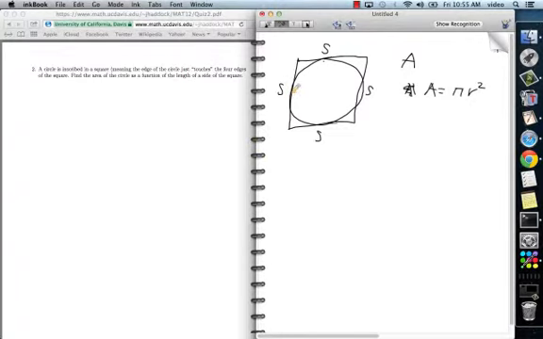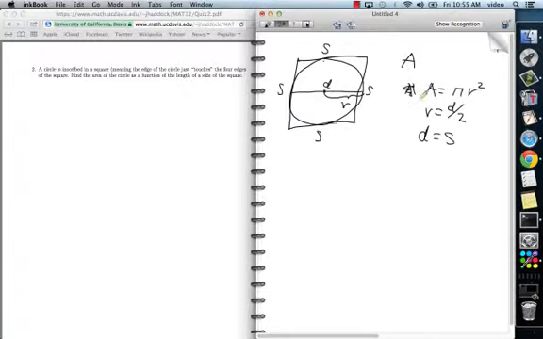Now another thing we know is that here is the diameter, and here is the radius. I know that r equals d over 2. Okay. Now the last thing I know I get from the picture, I notice that d, the diameter, is the same length as the side of the square. Okay, so d equals s.